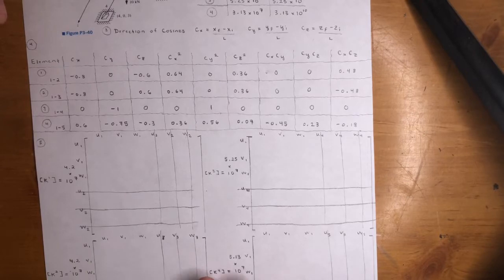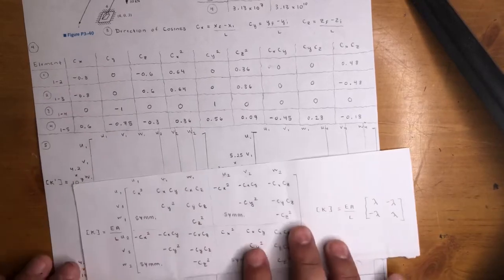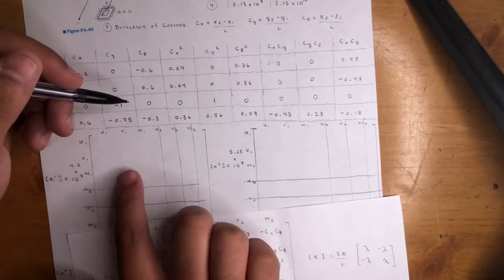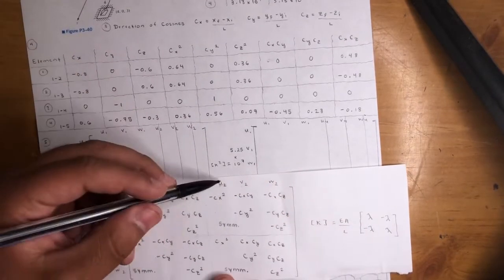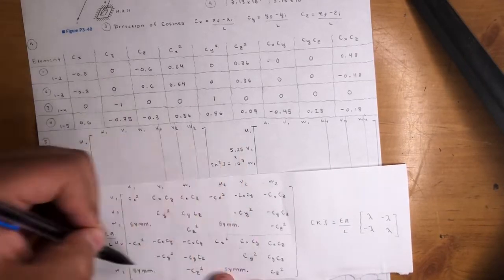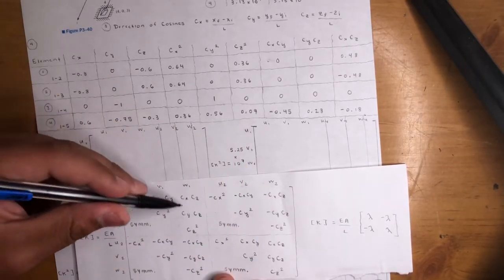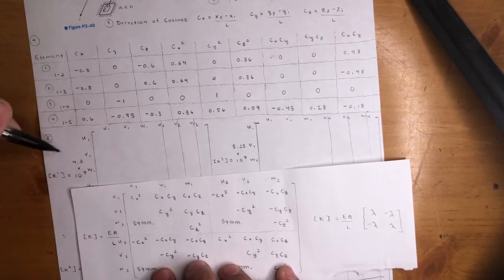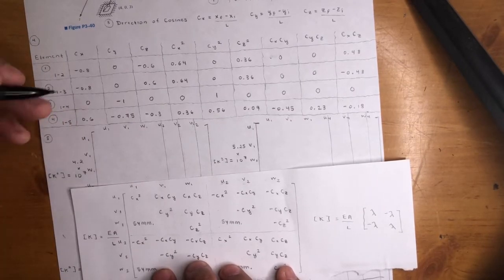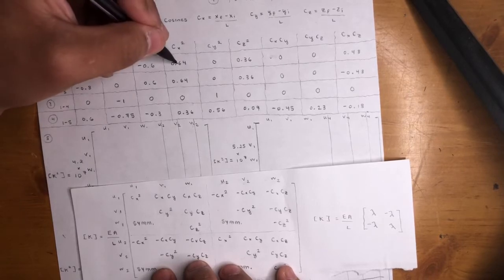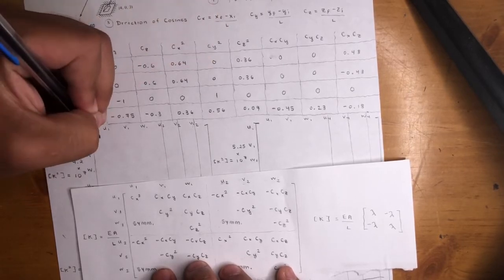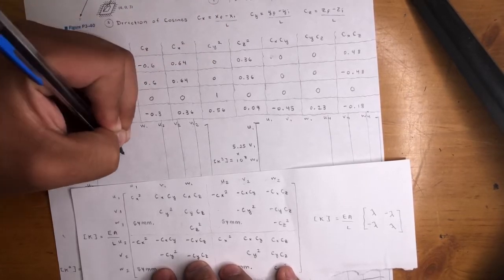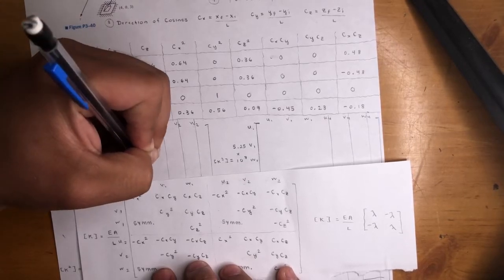Okay, so check this out now. On this 6x6 matrix, for this specific case, we canceled out these 3 and these 3, so we only care about this one right here. We care about cx squared, cy squared, cz squared for element 1. So 0.64, 0, 0.36.